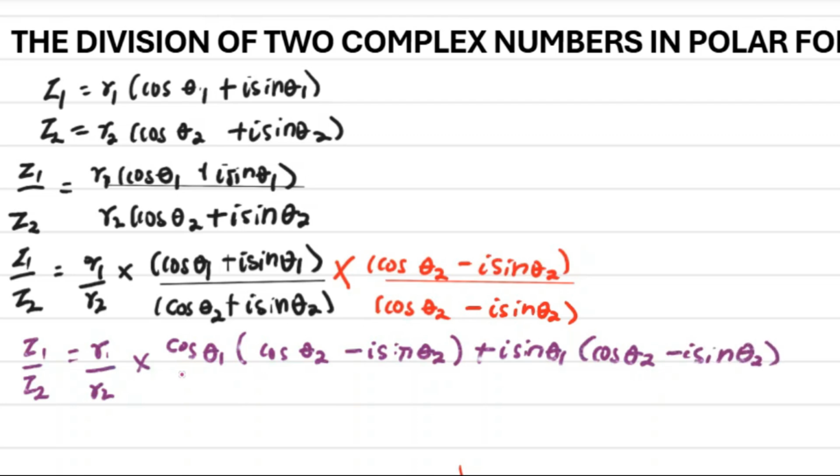So we now have everything being divided by, using this also to multiply, cos theta 2 plus I sine theta 2 times cos theta 2 minus I sine theta 2. That's difference of two squares. Don't forget.